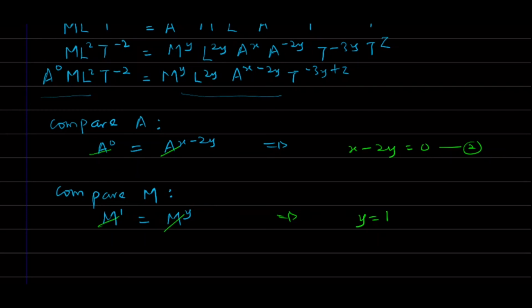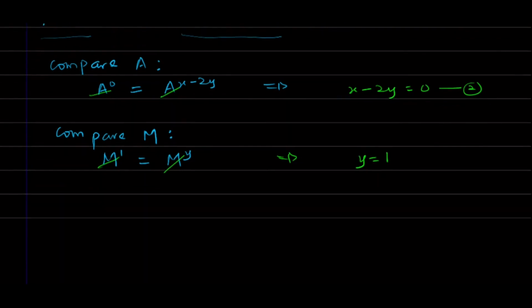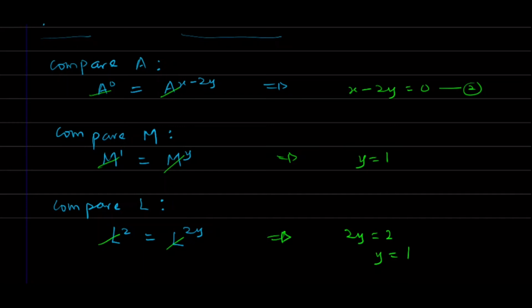Then let's compare L on both sides. On the left hand side, L is to power 2, and on the right hand side, L is to power 2y. L cancels L because they have the same base, and we have 2y equals 2, so y becomes 1 as well, which is the same as the one we got from M. That means y is correct.